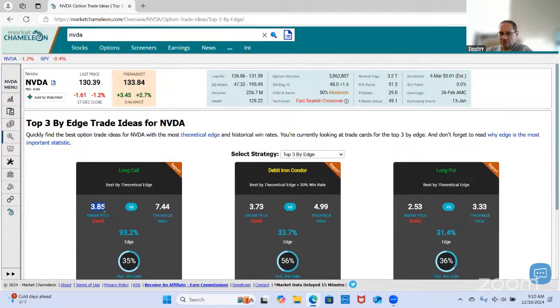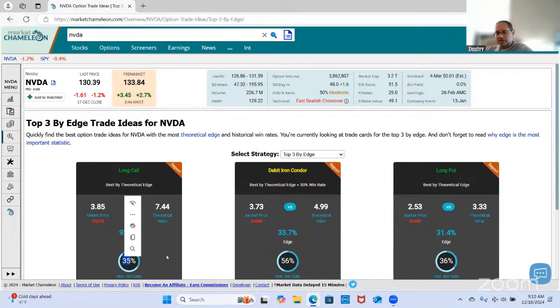In other words, if we looked at $143.85 and NVIDIA is 130, whatever it has to increase by to make this profitable, how often did that happen? So in our observations, that was 35%.